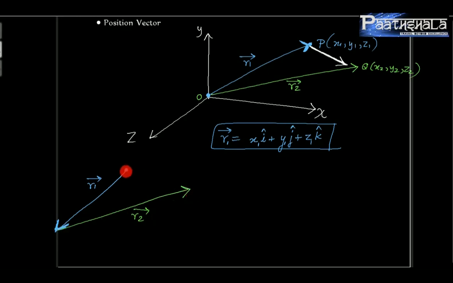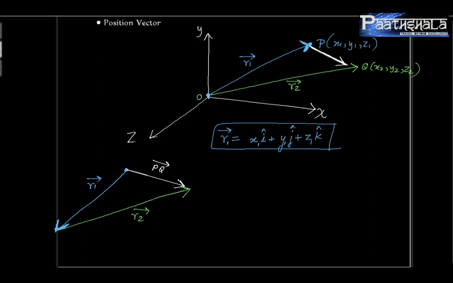For vector r1, this is the tail, this is the head, right? So what will be the resultant of these two vectors? From the tail of the first vector to the head of the next vector, right? This is the resultant, no? So this resultant itself is the PQ vector, right? The PQ vector that starts from P and goes to Q. Isn't it correct?